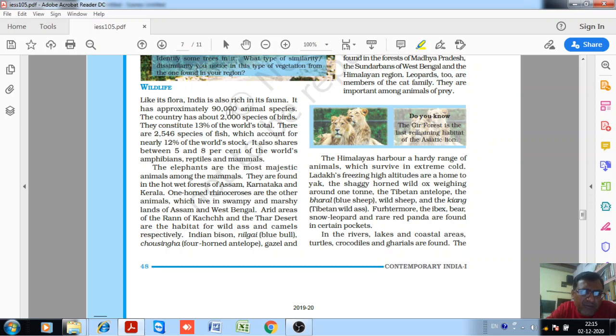It has approximately 90,000 animal species. The country has about 2,000 species of birds. They constitute 13%. This is an important 1 mark question. The 2,000 species of birds constitute 13% of the world's total. India is very rich in bird life.